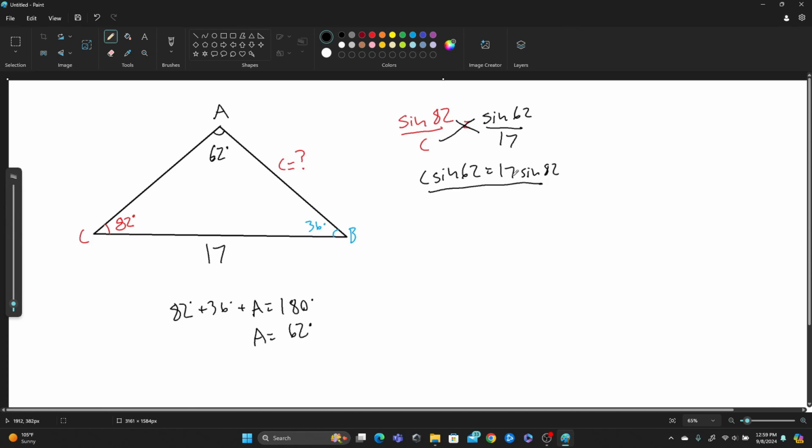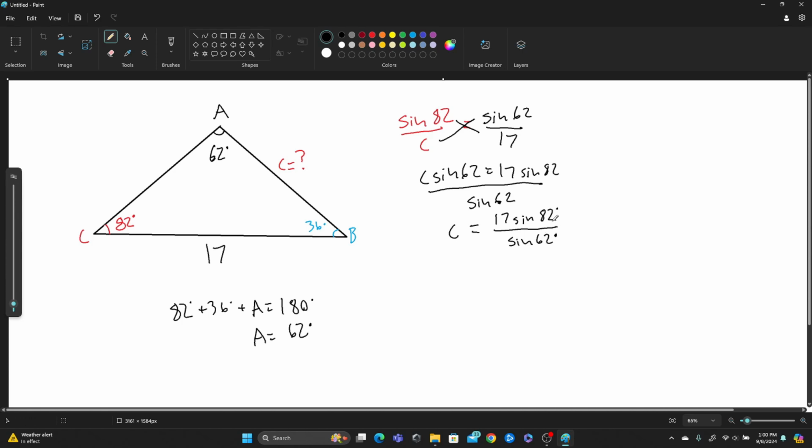And now we divide both sides by sine of 62, and that gives us C. We isolated what we want to find, which is side C, is equal to 17 sine 82 degrees over sine of 62 degrees.